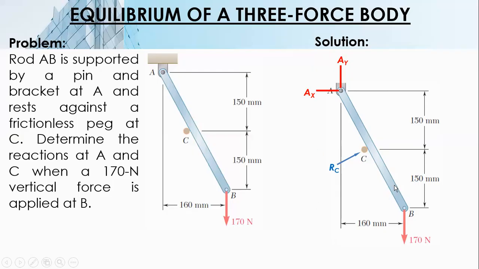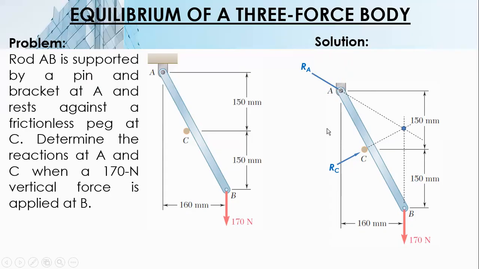Extend them. They do not meet, so we replace RA by its magnitude. The line of action of RA should also pass through this point.